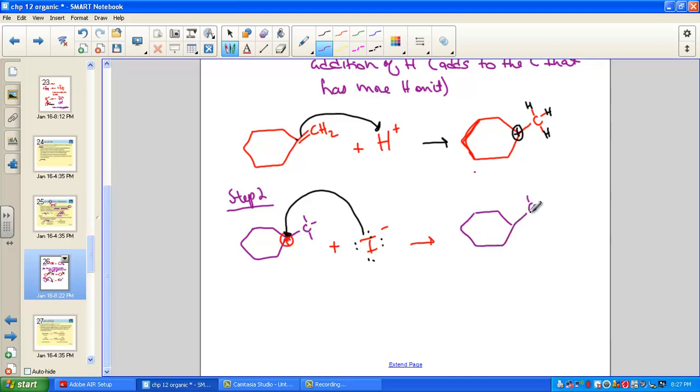We have our methyl group. And from this part, we have our iodide. We added hydrogen to this carbon, the carbon with more hydrogen, and we added our halogen to the carbon with less hydrogen. A 2-step reaction mechanism.